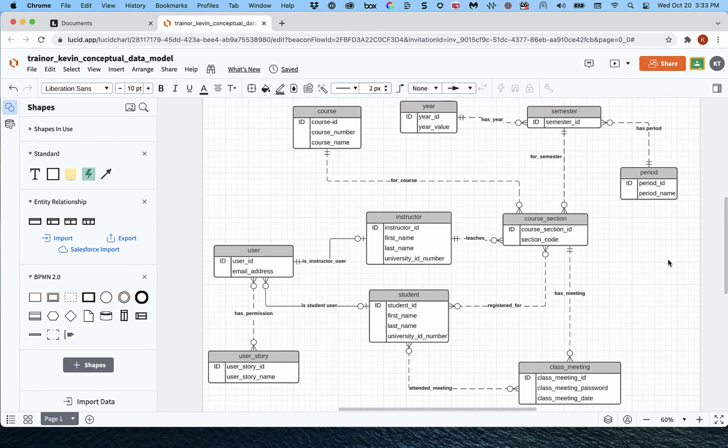The course section either has students registered for it, or we haven't put that information in yet. We either have a bunch of class meeting instances or we don't. We've either recorded attendance at class meetings or we haven't.